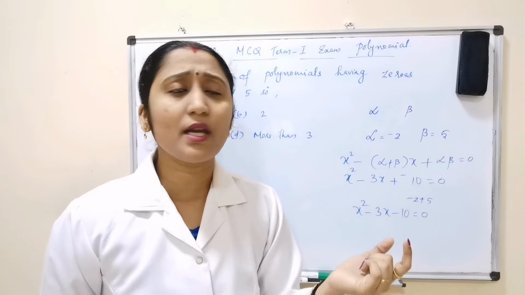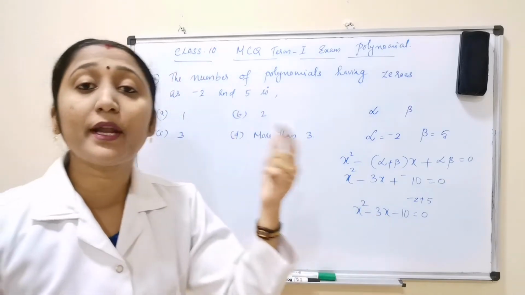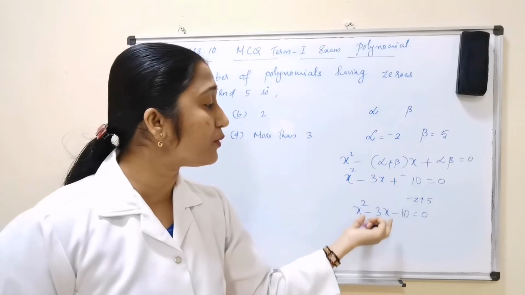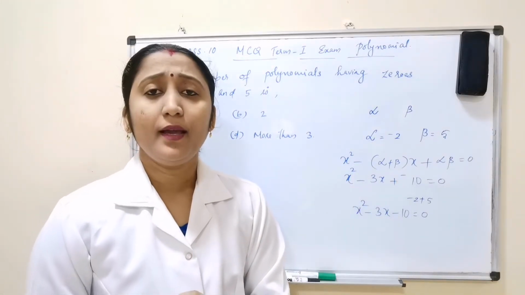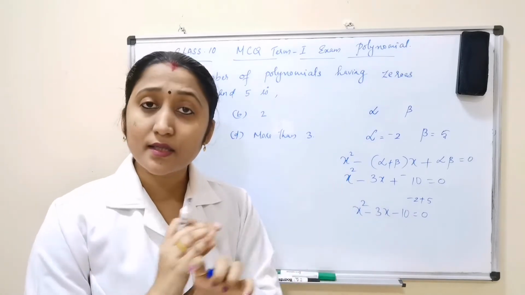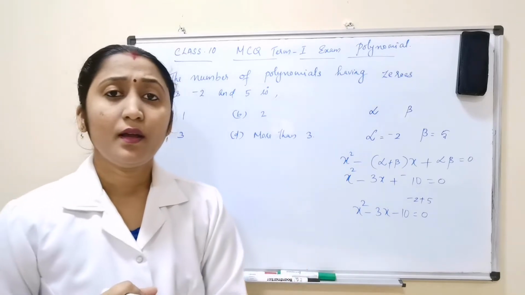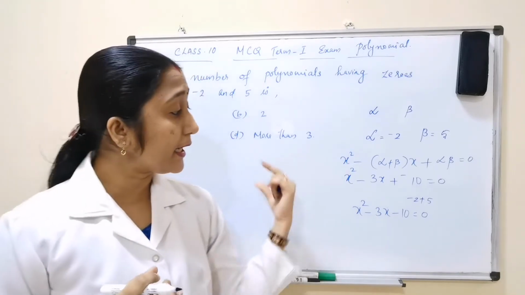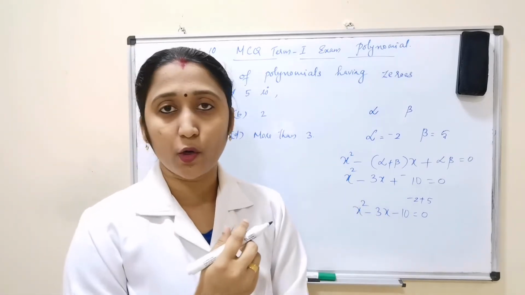But here the question is how many polynomials, that is, the number of polynomials. Now we have got one polynomial. In the case of polynomials, if you multiply the polynomial by any real number, we get a different polynomial. Let us check.